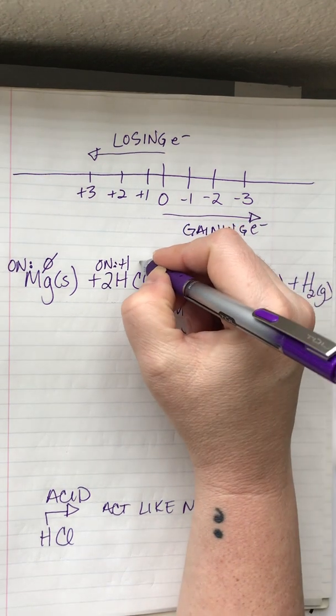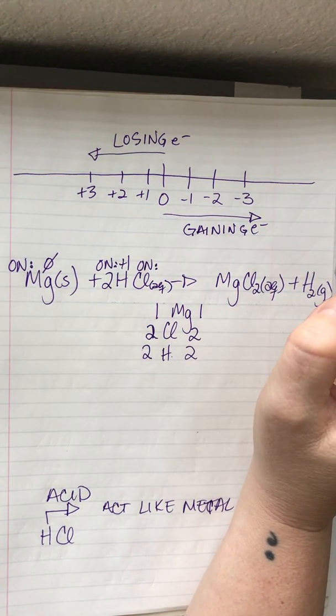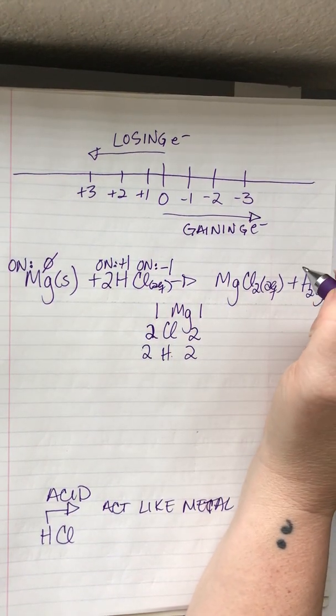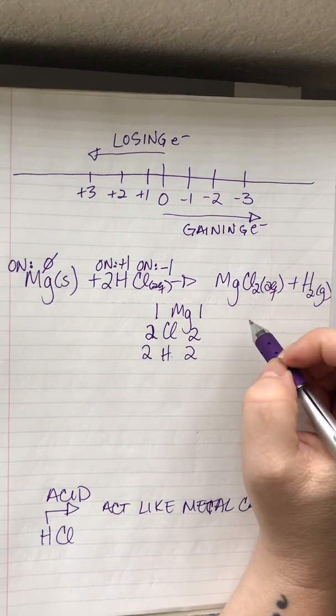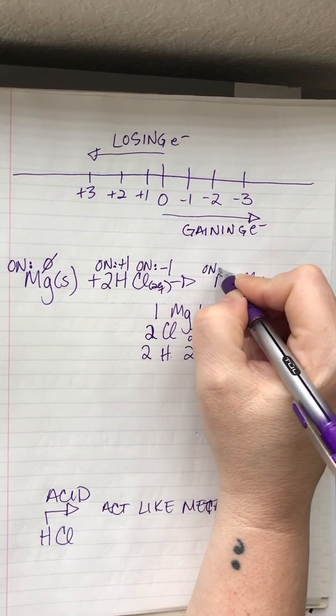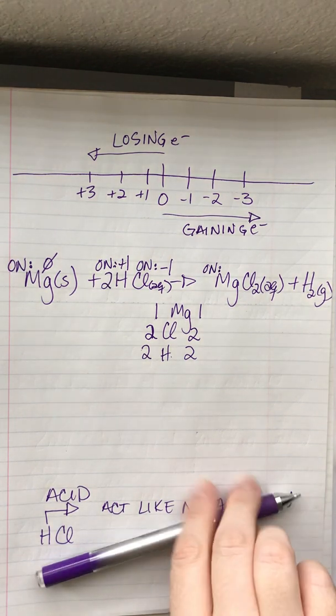And the oxidation number for chloride? -1. Okay. And now, everybody with me? Cool. Now, magnesium on this side, what's the oxidation number? Still 0. Oh, no, it's +2. It is +2.